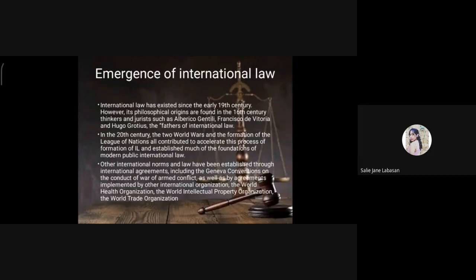And lastly, other international norms and laws have been established through international agreements, including the Geneva Convention. The Geneva Convention came after World War II.